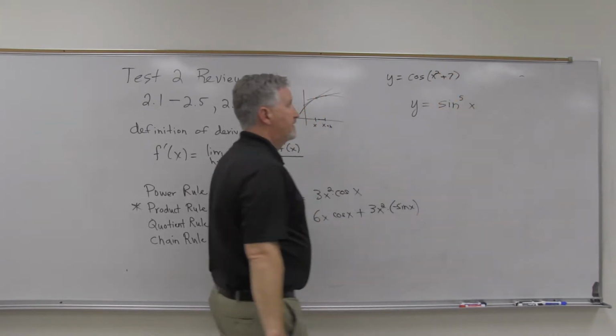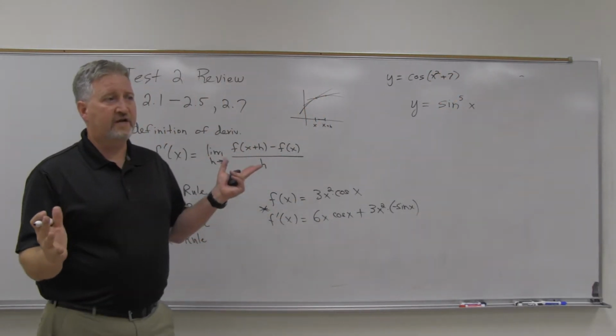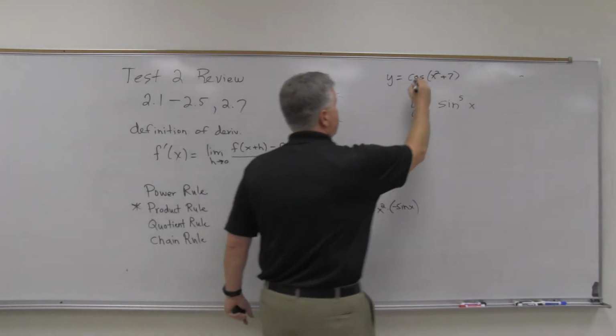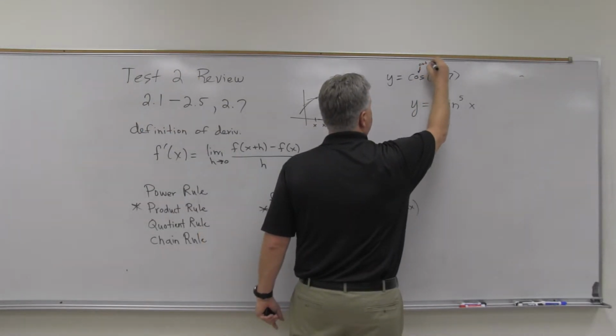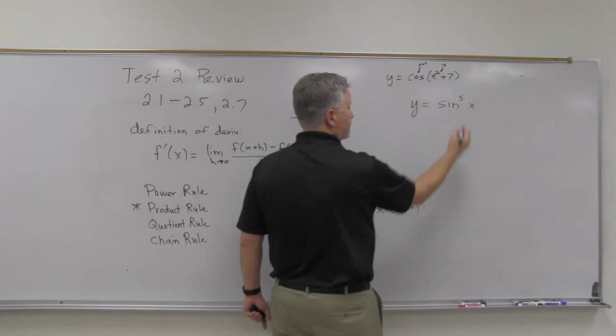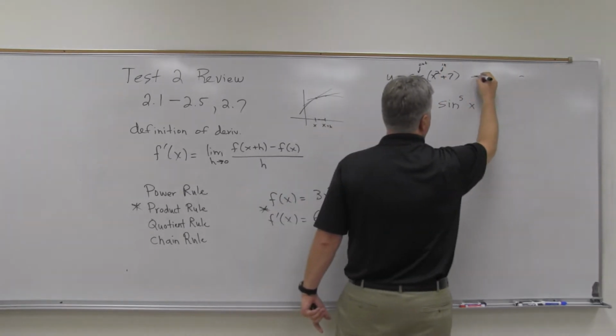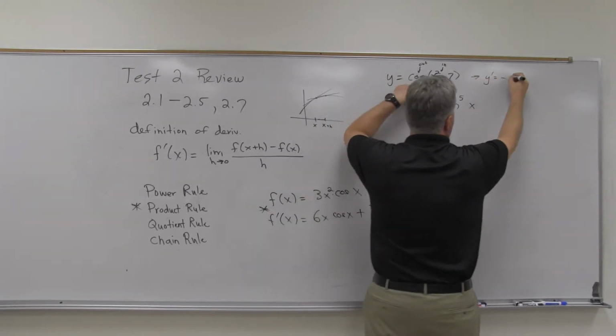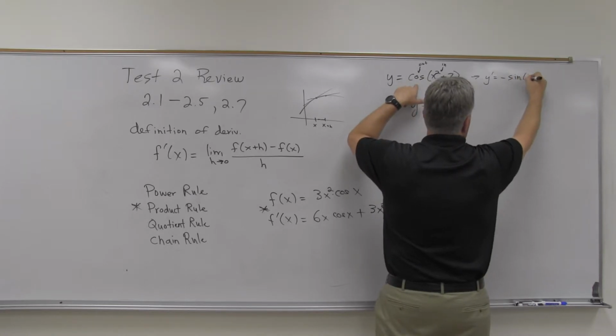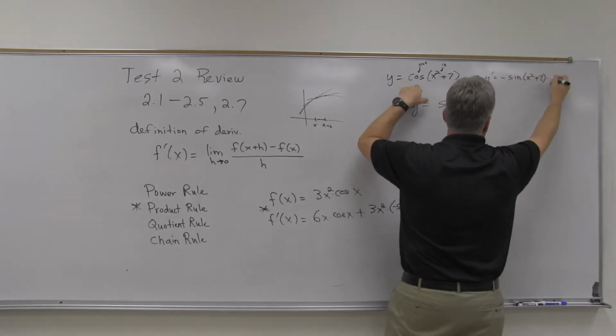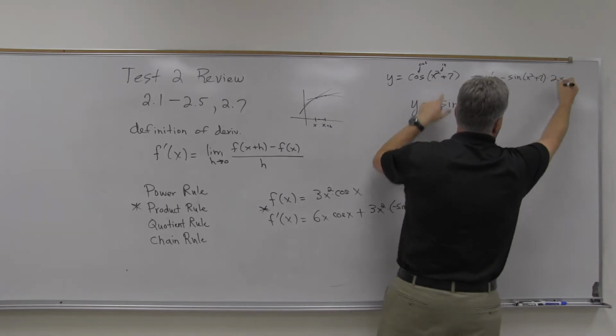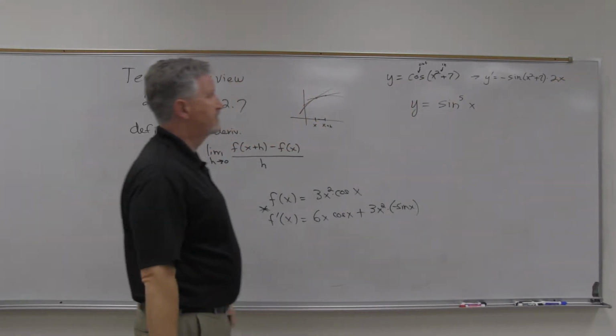That's a fairly obvious chain rule because you've got the inside and the outside, with the parentheses there. To do the derivative, I do the derivative of the outside, which is negative sine, with the inside staying the same, and then multiply that by the derivative of the inside, which is 2x.